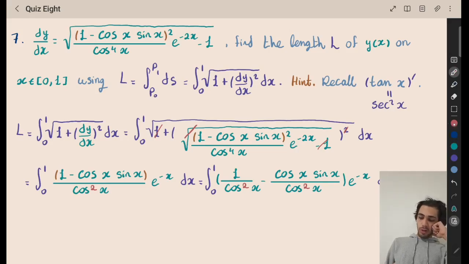1 over cosine squared of x, I think I can write as sec squared of x. I hope that's okay. I hope that's not too much. And cosine squared and cosine, so the square goes away with this. I have a sine divided by a cosine. That's probably a tangent, no? Probably a tangent.